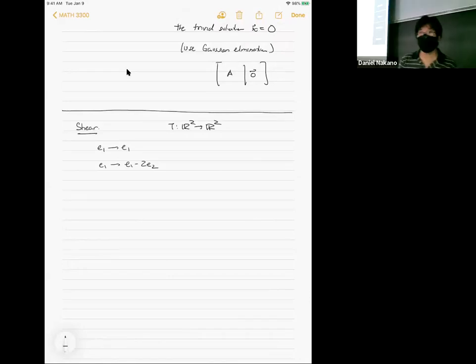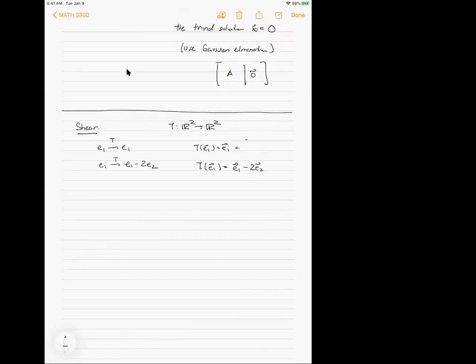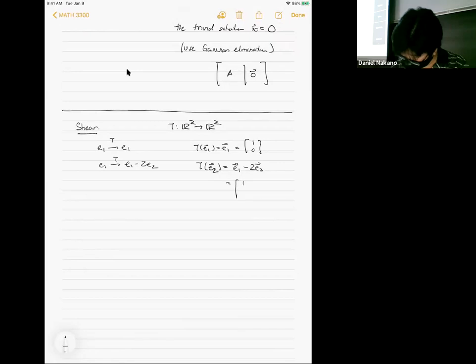All right, so first of all, let's describe the shear first. So T is going to send e1 to e1. And then T is going to send e2 to e1 minus 2e2. Now, e1 is just (1, 0), and this is 2 times (0, 1), right?